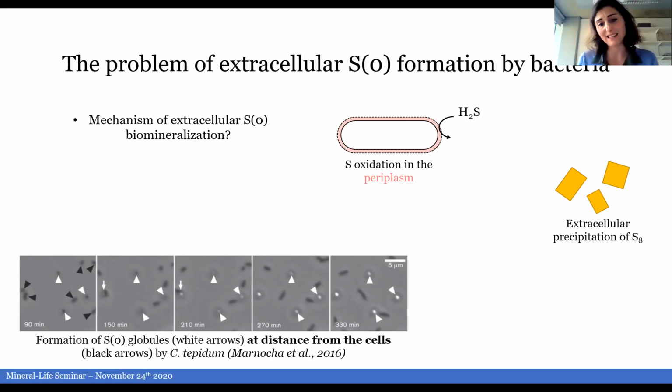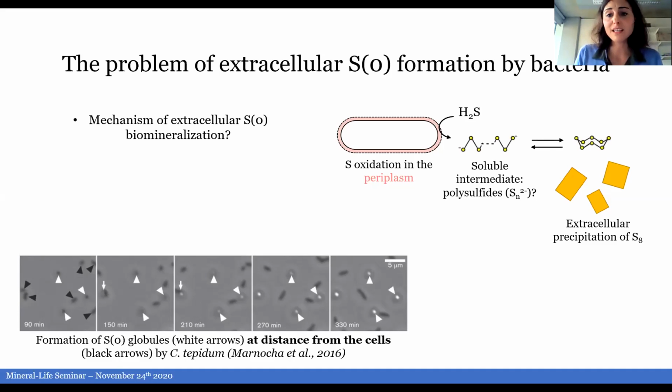What's very interesting is that they can show that the sulfur globules actually form not in the direct vicinity or in contact with the cells, but at a distance from them. So this means we need a soluble intermediate between the cell wall and the extracellular medium where the minerals precipitate. And people think it could be polysulfides, but it has not been fully demonstrated.